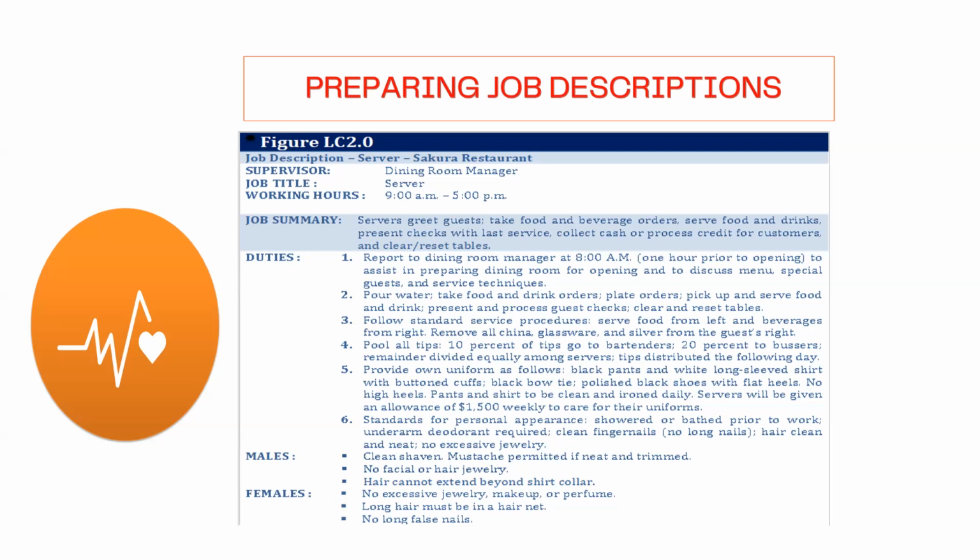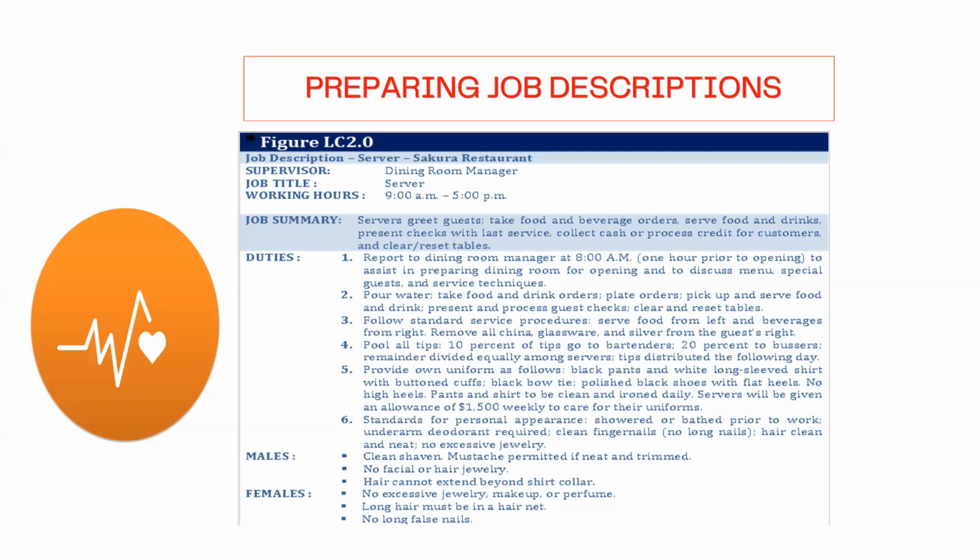In some organizations, the heading may include such information as the number of positions with that particular job title, the specific hours, days or shifts worked by those with the job title, and the supervisor to whom those with that job title report. So if you notice, the working hours on that job description is from 9 a.m. until 5 p.m.